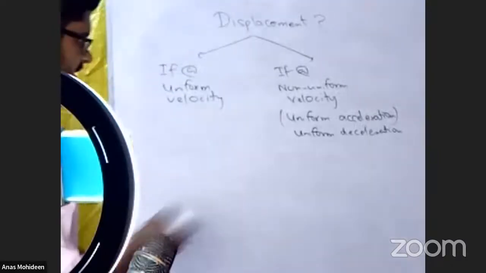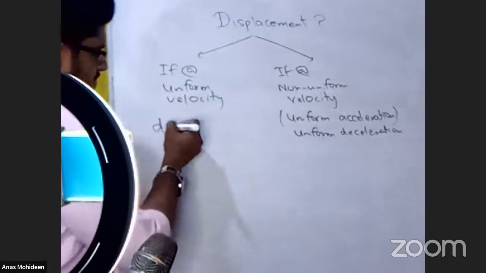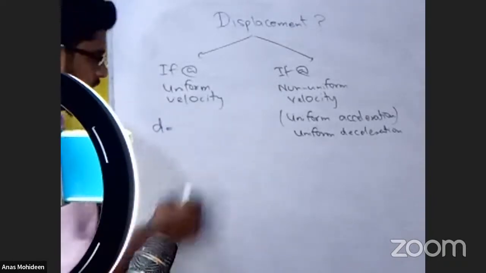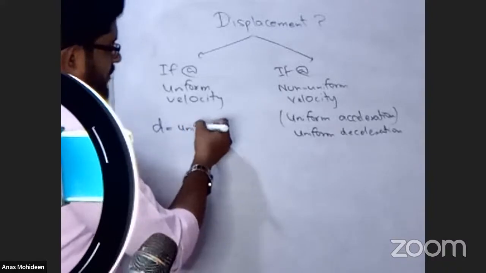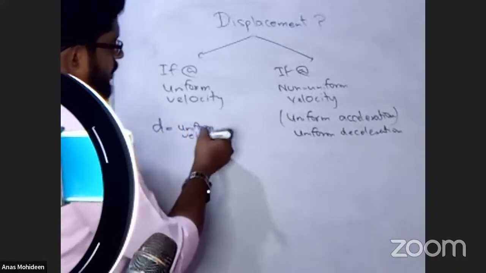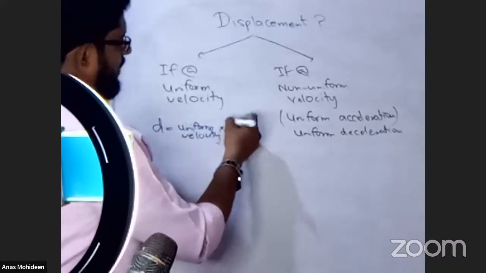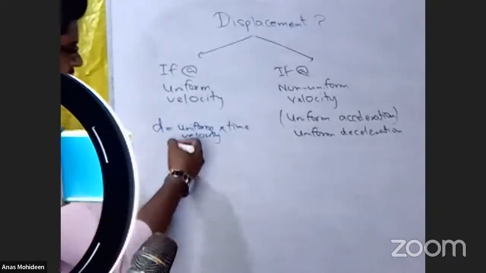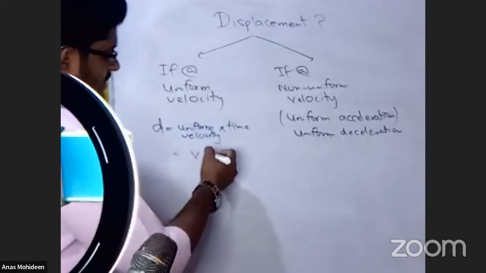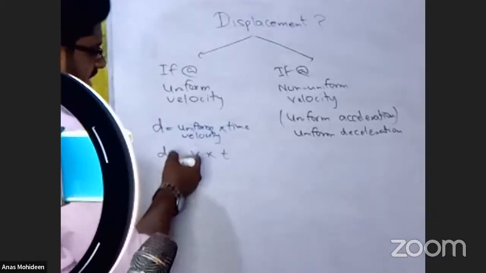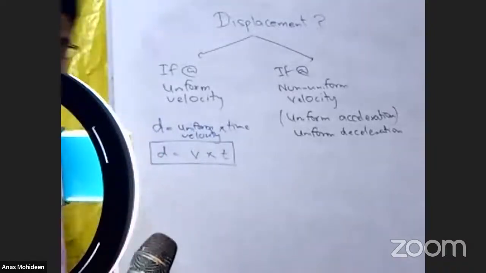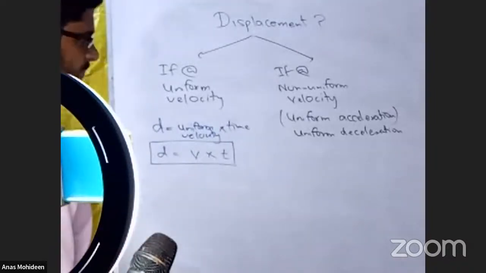So how do I find out the displacement? Displacement is equal to uniform velocity into time. So straight away, displacement is equal to velocity into time.